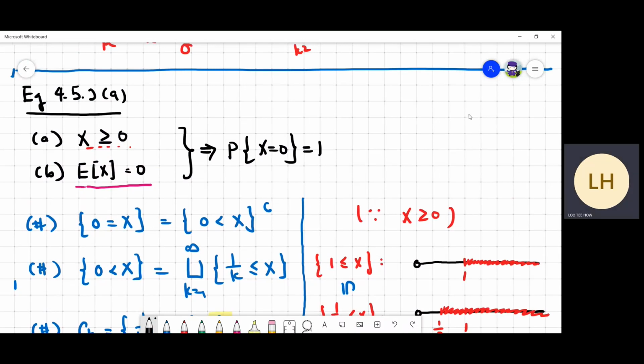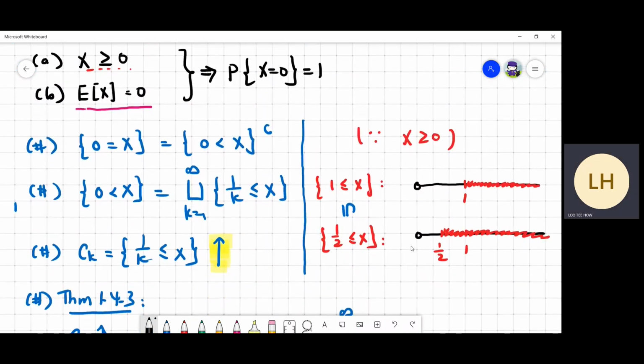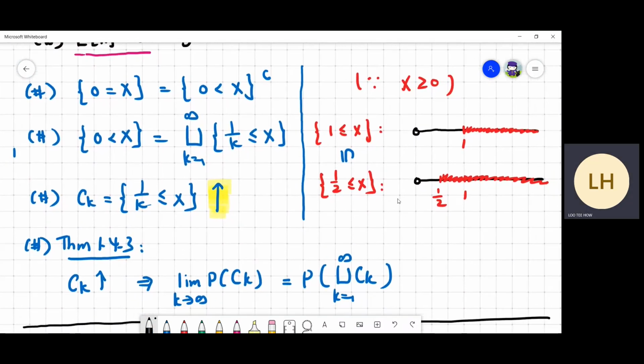What are the techniques that we need to use? Basically, the main technique needed in the proof for this theorem is theorem 1.4.3. That is, if Ck is an increasing sequence of events, then the limit of P of Ck will be P of the union of Ck.